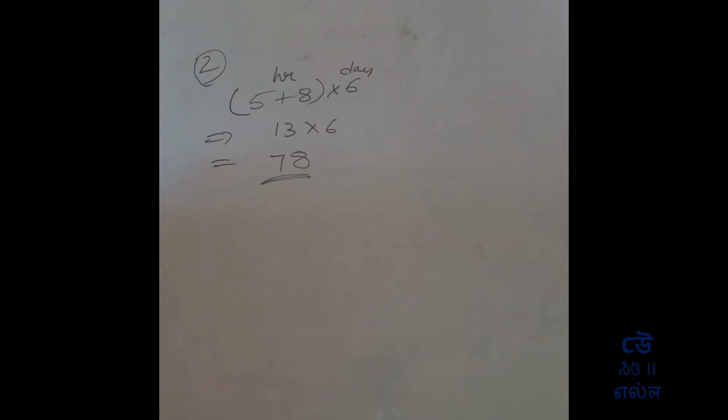Understood, children? First, how many hours did Rita work and how many hours did Sonali work? Then how many days they work? 6 days. So you have to add and multiply by that.